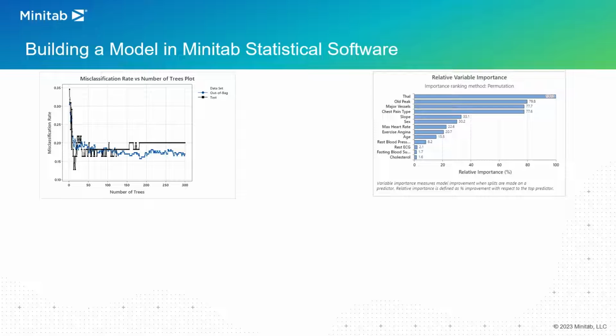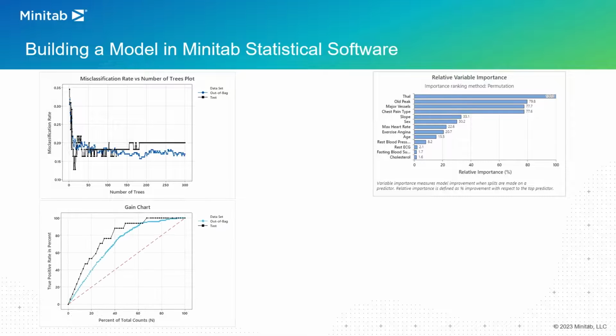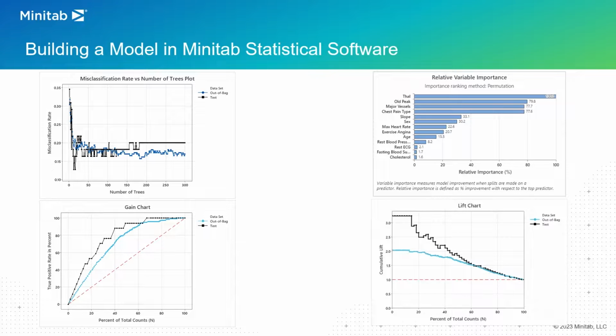I'm going to get the chart that shows me which variables contribute the most to the model. I'm going to get the chart that shows me that by looking at the 50% of my data with the highest probability of an event, I'm going to capture 80% of the true events in the data. I'm going to get the chart that shows me that if I look at the 20% of my data with the highest probability of an event, I'm going to capture twice as many events as if I took a random sample.